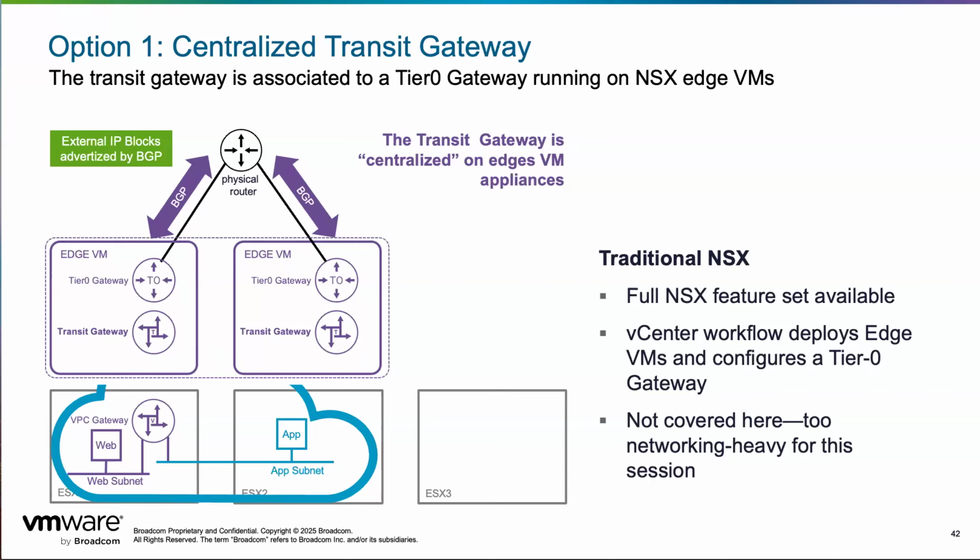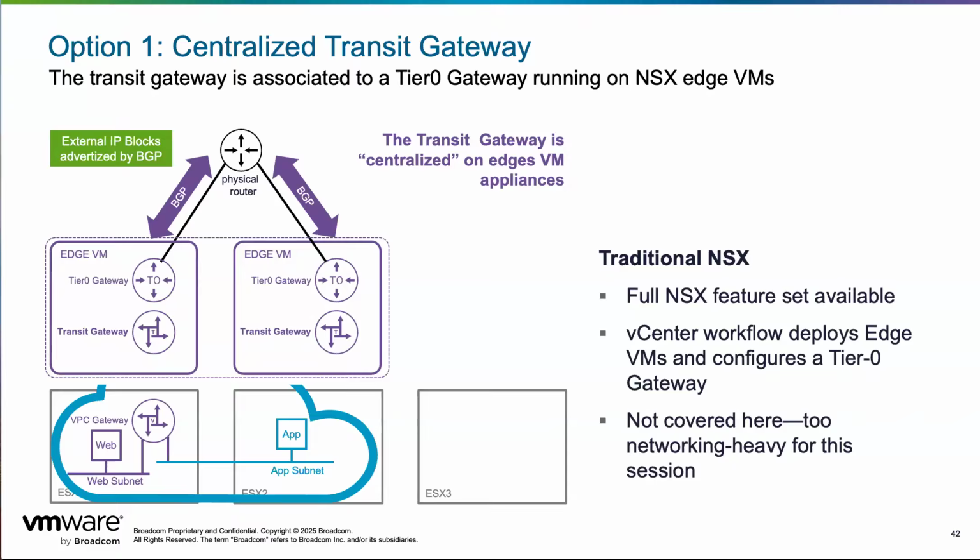The Edge VM is a kind of service appliance that is specific to NSX, and it can host several gateways. It also hosts what we call a tier 0 gateway, which is responsible for peering via BGP to the physical infrastructure and advertising the internal logical network to the outside world.